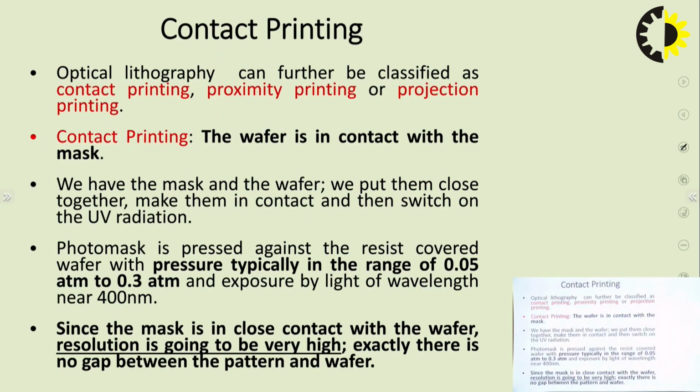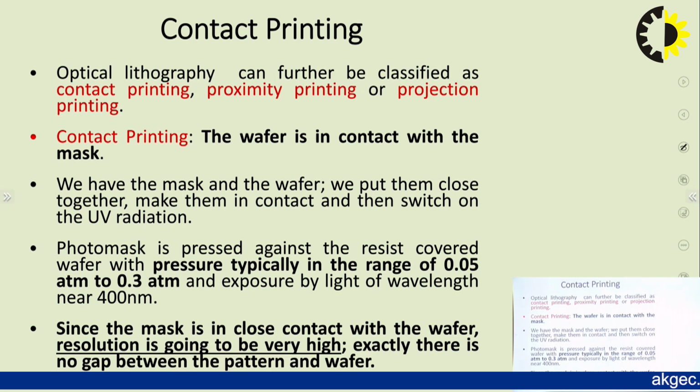Contact printing: here the wafer is in contact with the mask. Because the wafer is in contact with the mask, the resolution is going to be very high in this case.